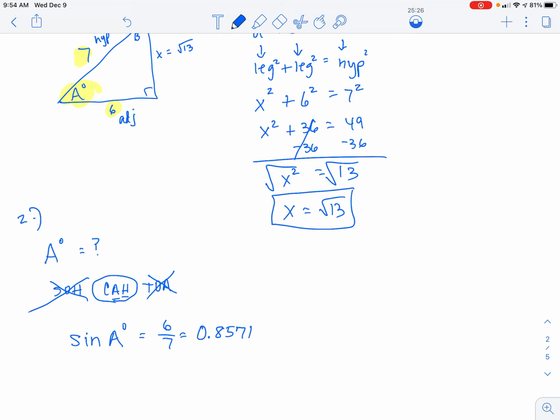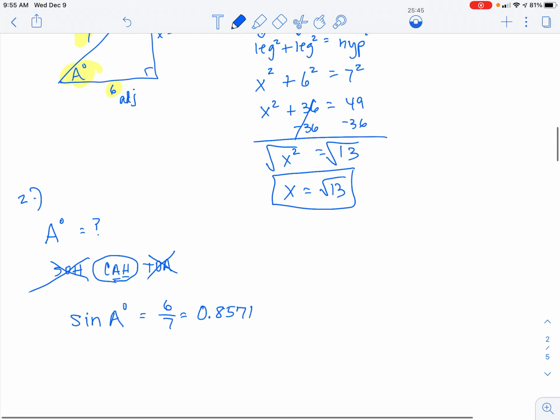Now, what does this 0.8571 mean? The angle A that we're talking about, the angle A whose cosine is 0.8571, is the inverse cosine of 0.8571. So this is where we're going to use the inverse key.